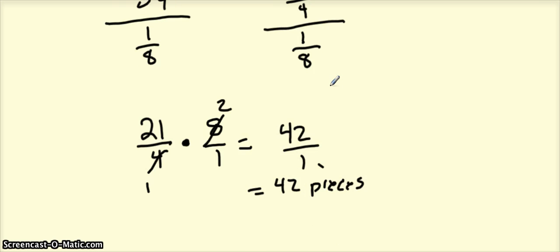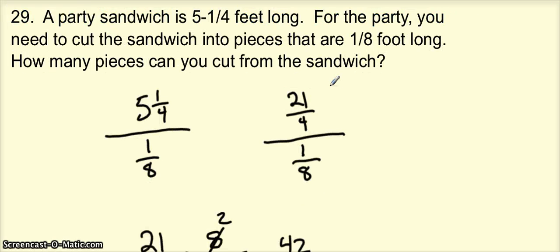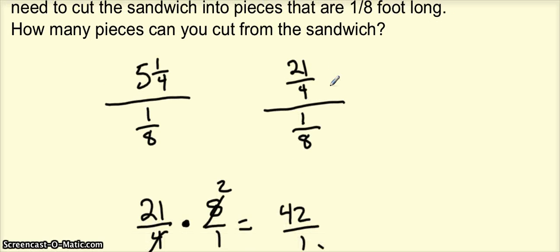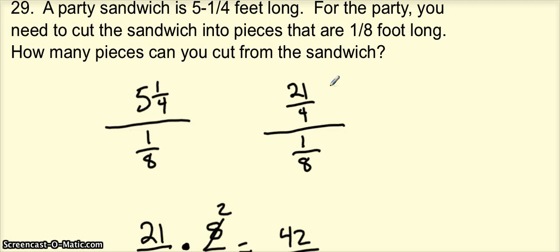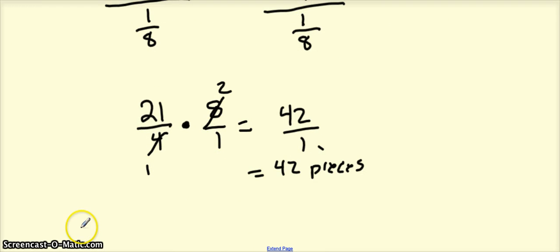Okay, so of course, since I'm dealing with a word problem, I'm going to answer the question in a complete sentence. And we can say, you can cut the sandwich into 42 pieces. Or you can say, well, let's try this.